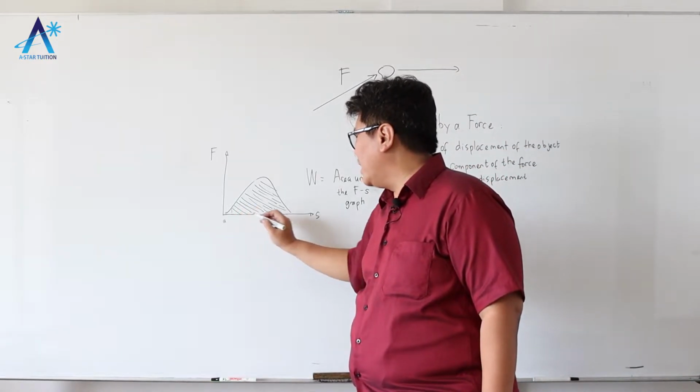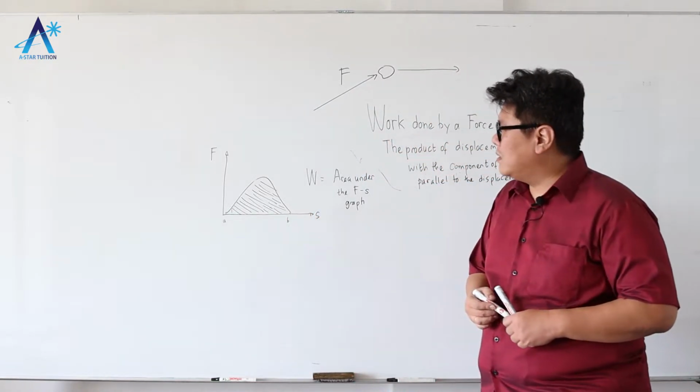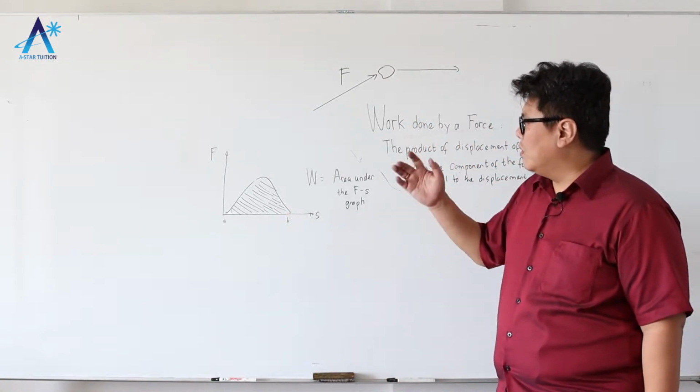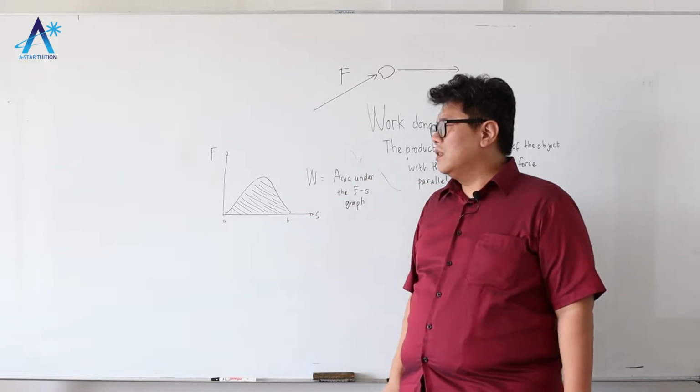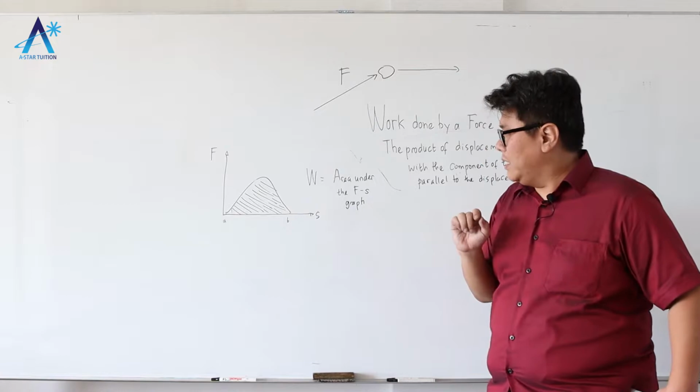For instance, here I'm using A and B. This tells you that the area under the graph between A and B represents the work done by this force in displacing the object from position A to position B.